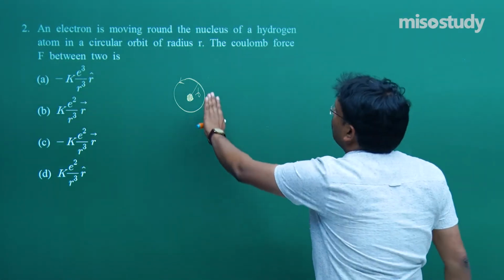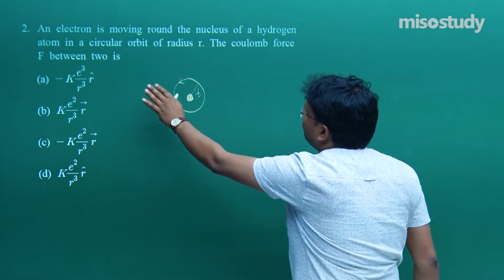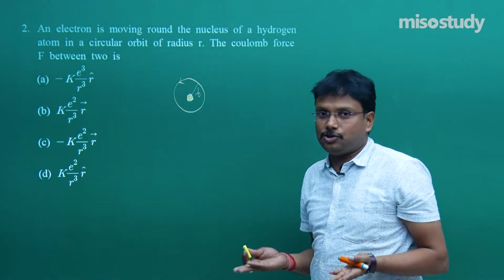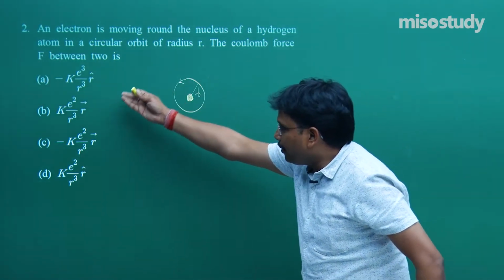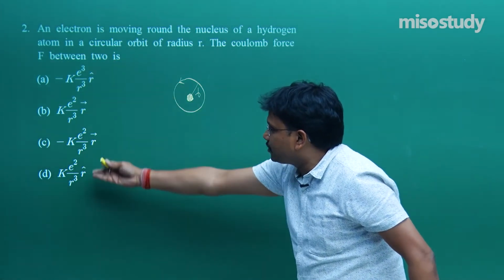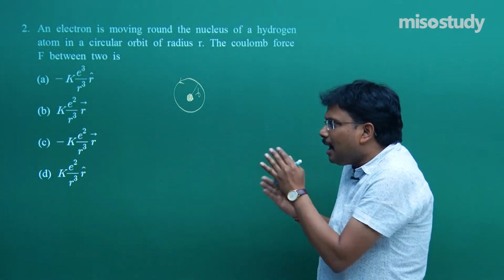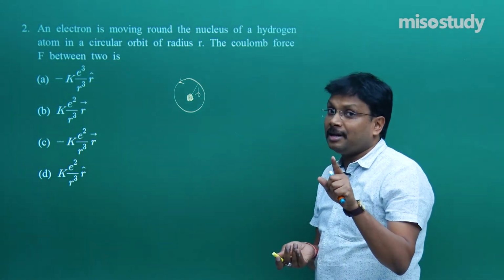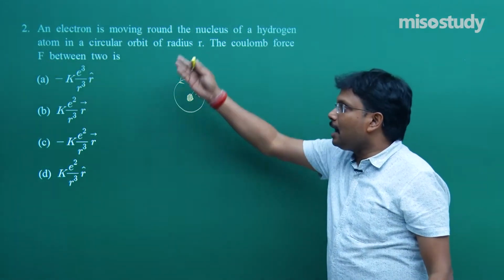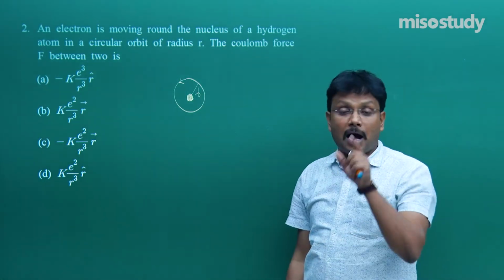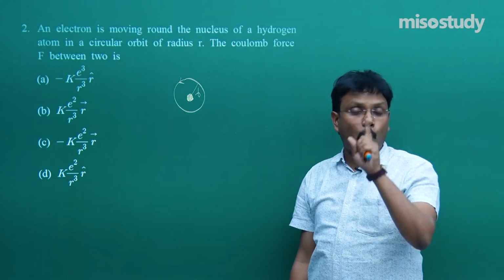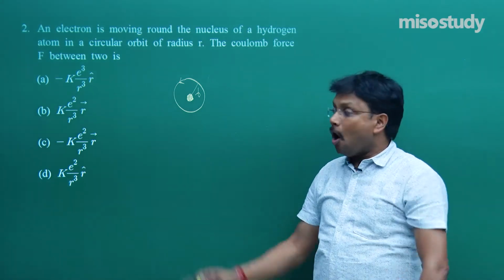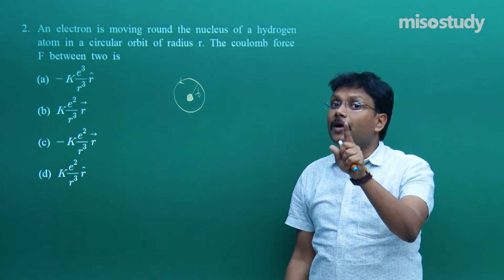Now, the Coulomb force F between the two is how much? The expressions in the options are slightly different in form. But you cannot say that, because while I was discussing this topic, I specifically devoted one entire lecture to Coulomb's law in vector form.